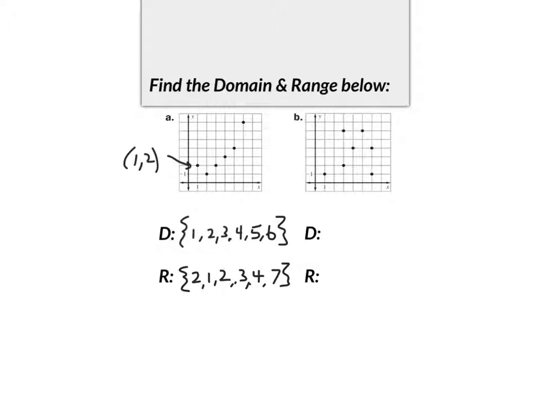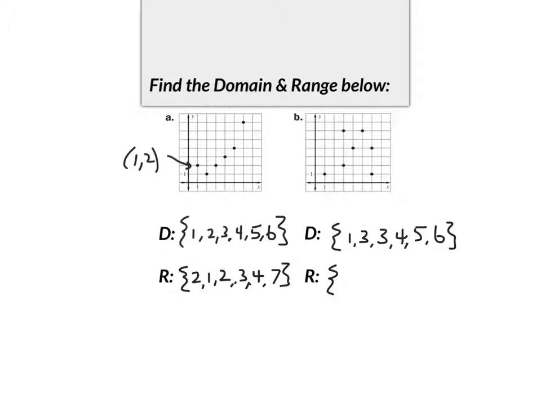So let's look at this second example quickly here. The domain for this one is going to be 1, 3, 3, 4, 5, and 6. Now, you don't have to write repeats down there if you don't want to. Either way, I will accept it. And then the range is the y values.